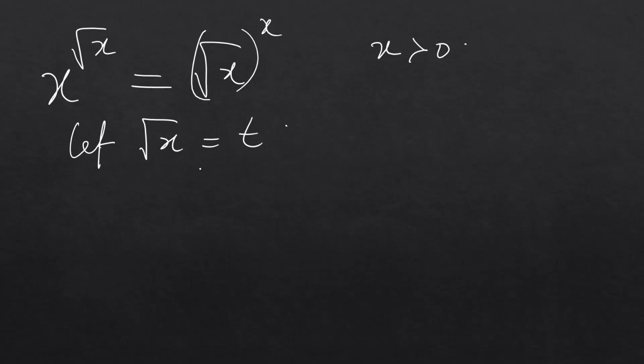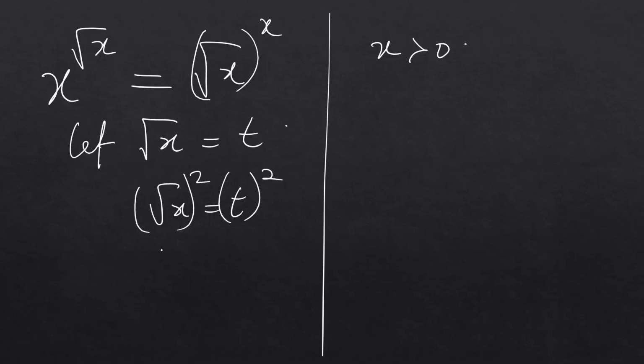I'm going to square them. If I square both sides, I'm going to have root x is equal to t. If I square both sides, I'm having that x is equal to t squared. So this will cancel this. We have x equal to t squared. Now let us see how we are going to fix them.